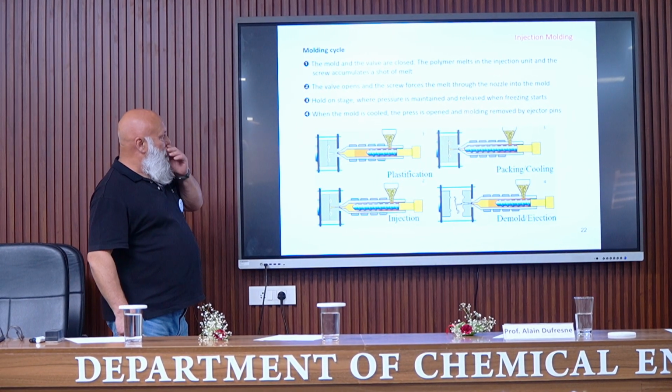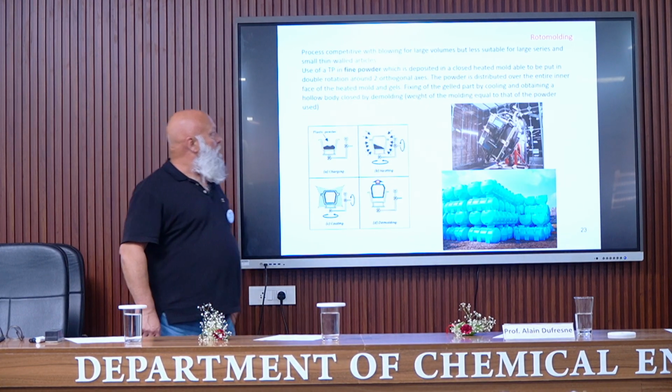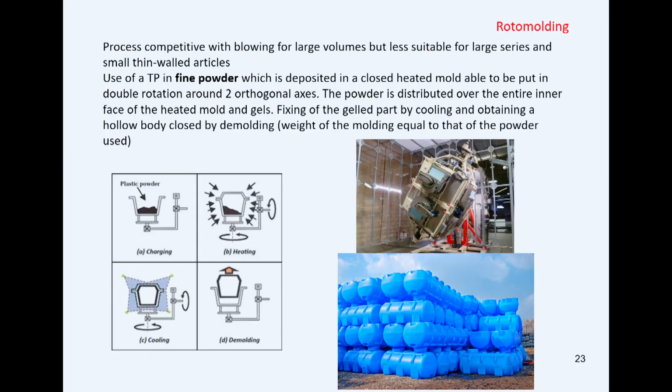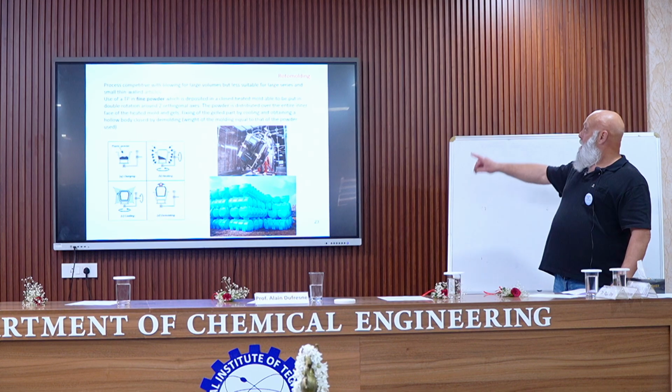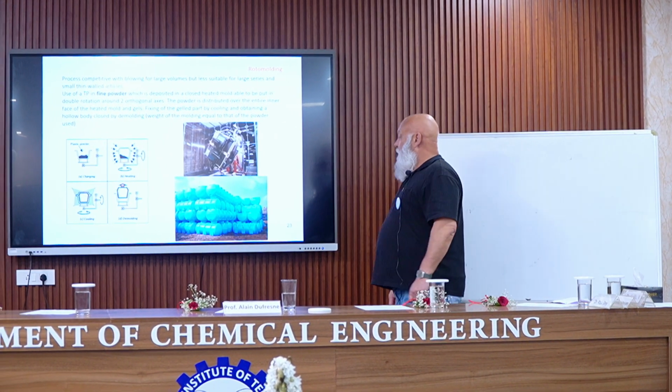So this is another technique which is used also for thermoplastic, but which is very specific, because usually to process thermoplastic material, a cold mold is used. In this case, for this technique, which is called rotomolding, the mold is at high temperature.